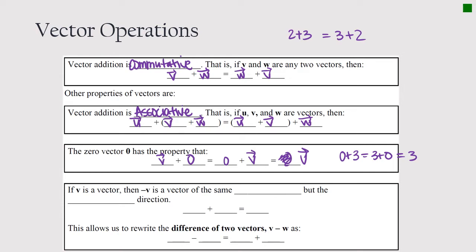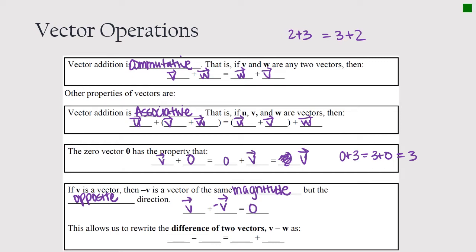And then if v is a vector, then negative v is a vector of the same magnitude but the opposite direction. So if we were adding v to negative v, the opposite of it, we would end up getting the 0 vector.